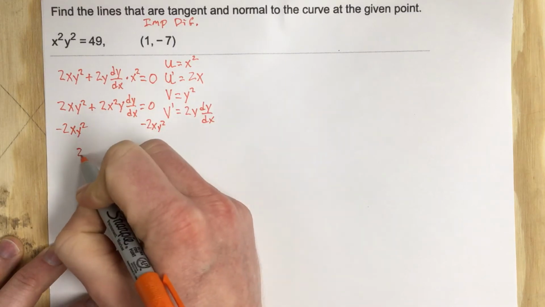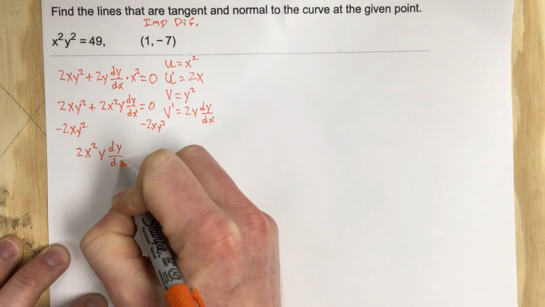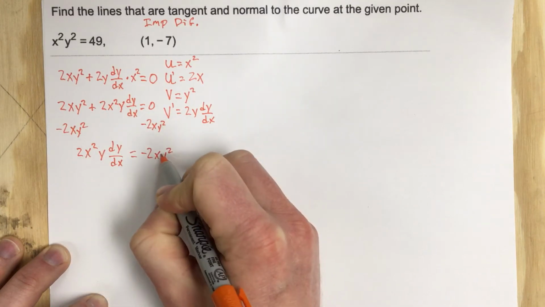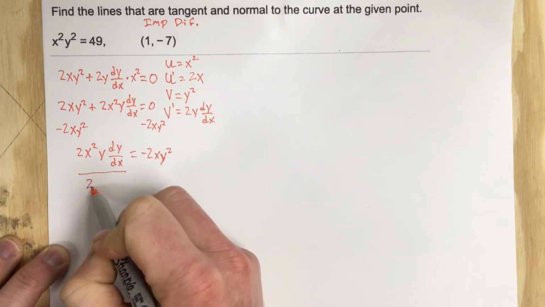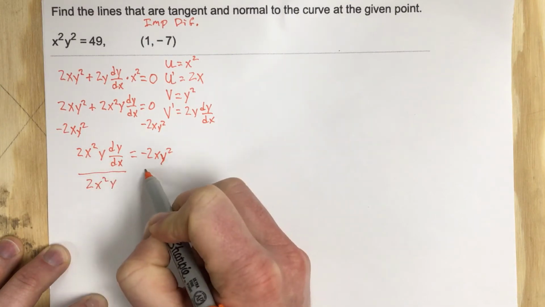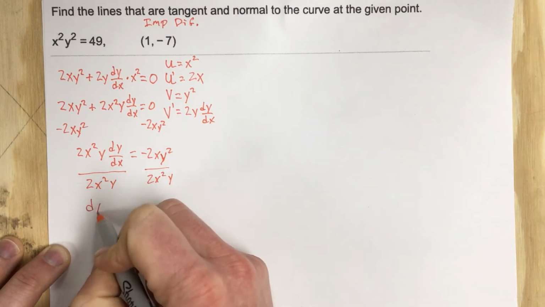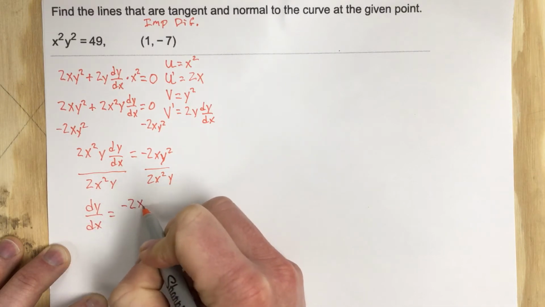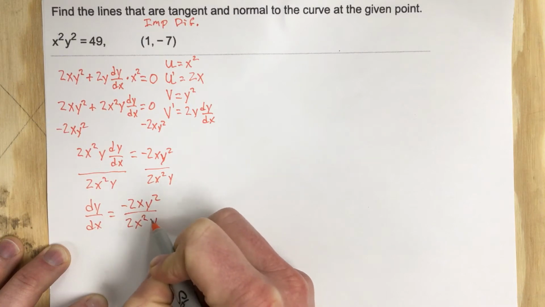And we end up with 2x squared y dy over dx equals negative 2x y squared. We're trying to solve for this dy over dx, so we're going to divide each side by 2x squared y. So we get dy over dx equals negative 2x y squared over 2x squared y.